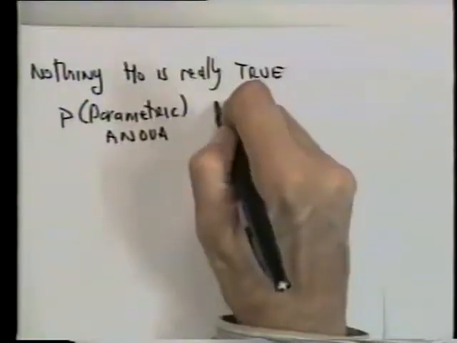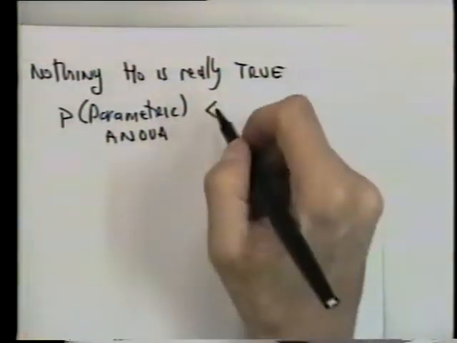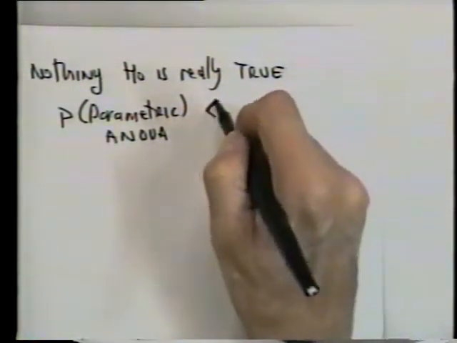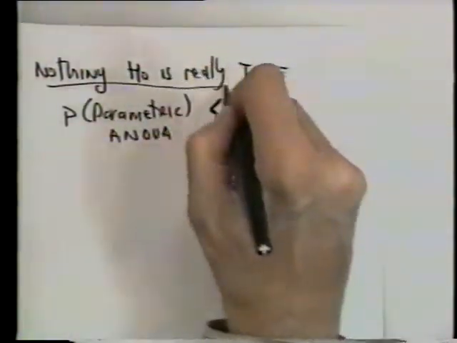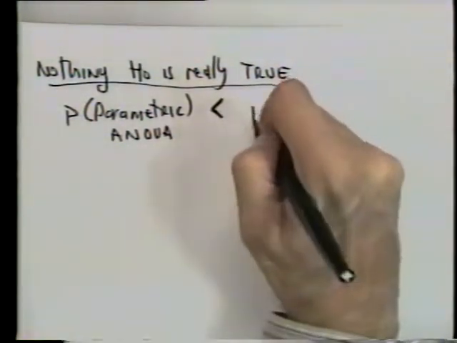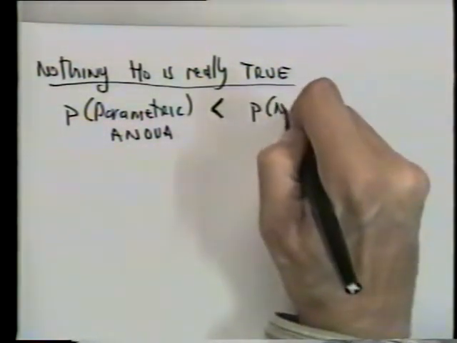But okay. Now let's see if I drew this right. Yeah, this is actually right. Typically, if there's nothing really going on in the data, the parametric p will be less than the non-parametric.